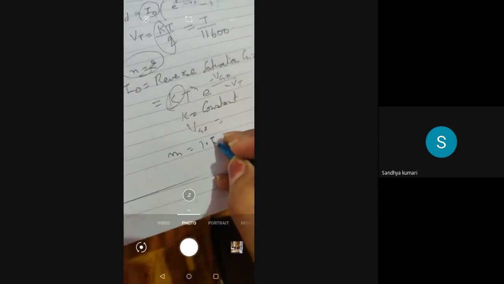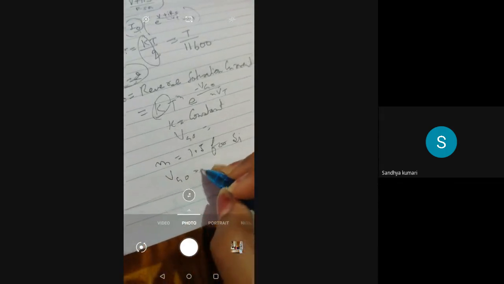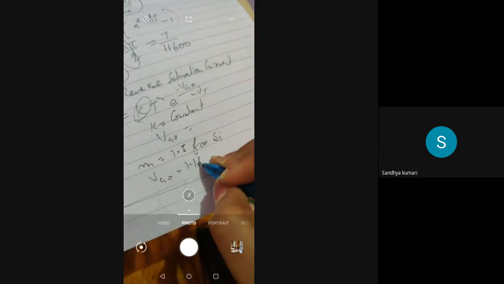Here the M will be 1.5 for silicon, and VGO is equal to 1.16 to 1.2 volt for silicon.